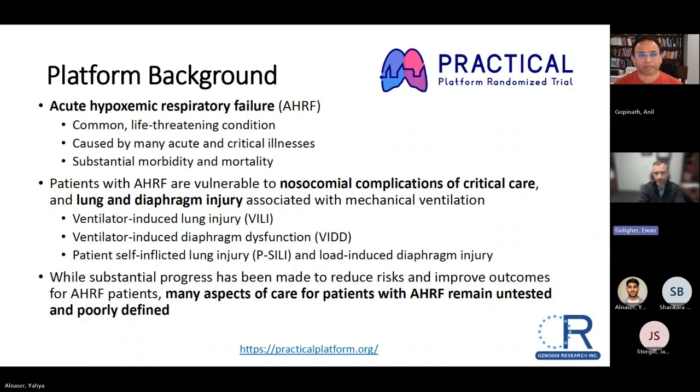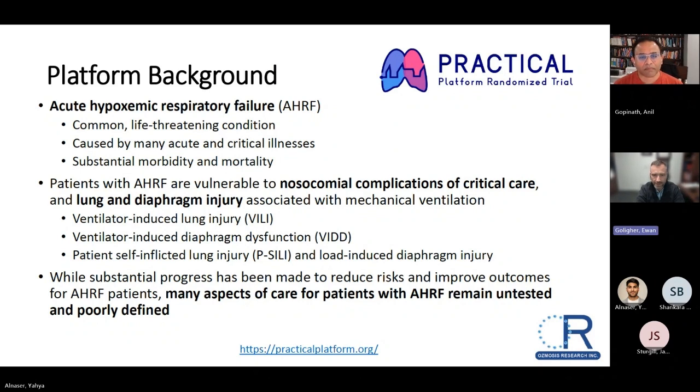So the practical platform is a relatively new adaptive platform trial studying acute hypoxemic respiratory failure, which, as you know, is a very common and serious condition for which patients are admitted to the intensive care unit. It has a range of causes and has substantial morbidity and mortality, and includes more specific entities like acute respiratory distress syndrome. But we're taking quite a pragmatic approach to the definition of hypoxemic respiratory failure for this platform.